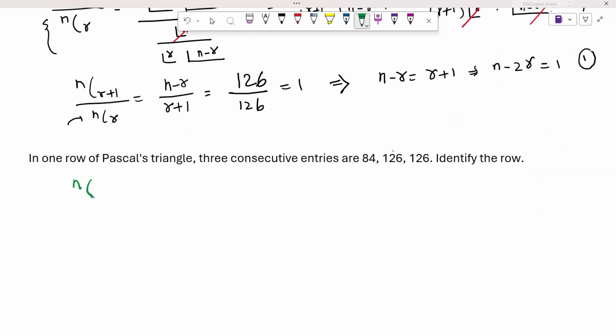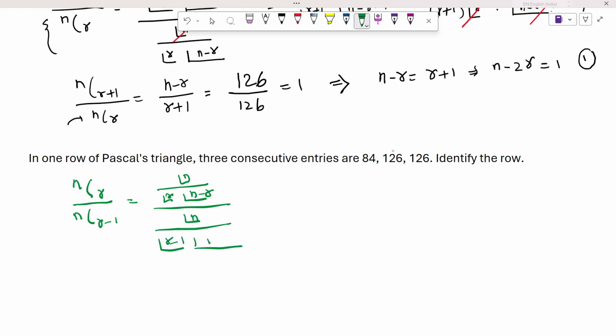In a similar way, we shall work out nCr upon nCr minus 1. nCr is factorial n upon factorial r into factorial n minus r, and nCr minus 1 is factorial n upon factorial r minus 1 into factorial n minus r plus 1.